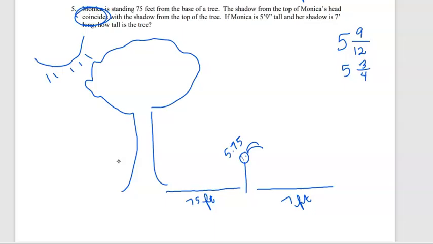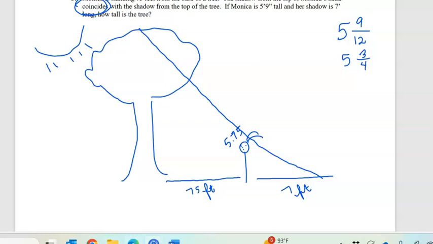And when we think about coincides, what that means is it coincides with the shadow from the top of the tree. So what happens is we have these two triangles that are created, and I'm going to do my best. I'm going to need to erase just a little bit again because I didn't draw that quite right.